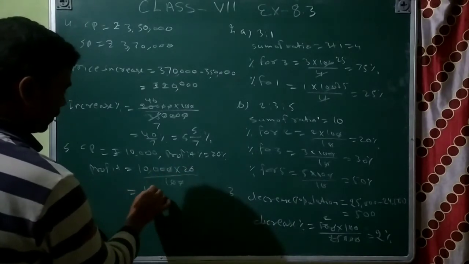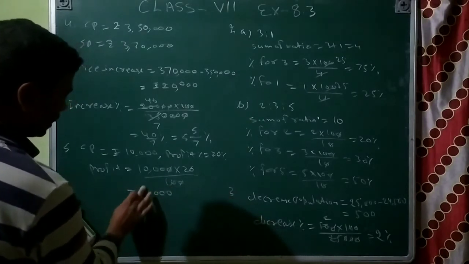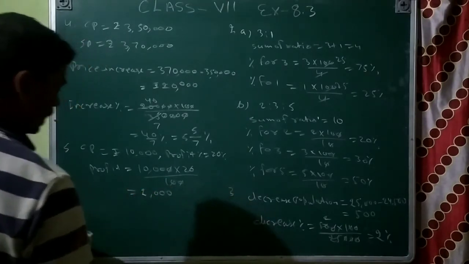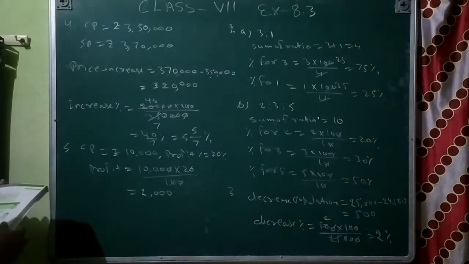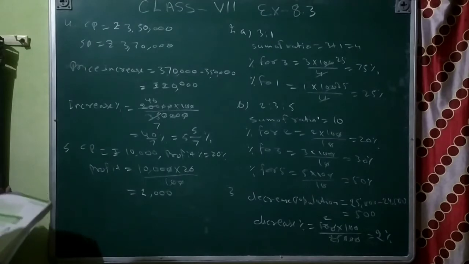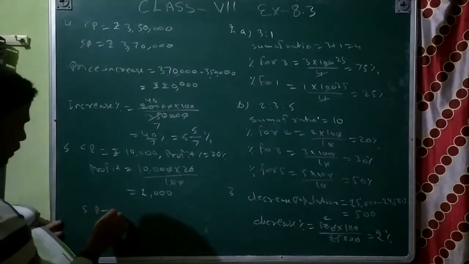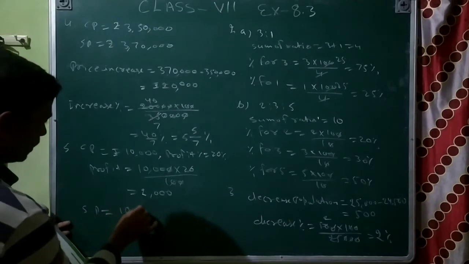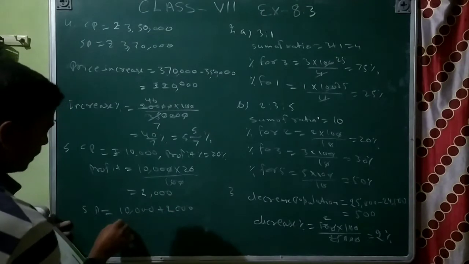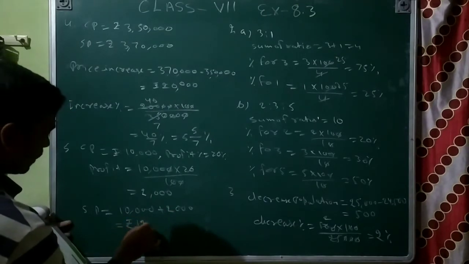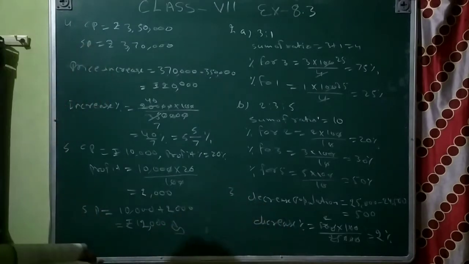It means 2,000 rupees is the profit. So the SP I got for it is equal to 10,000 plus 2,000, that will be rupees 12,000. Answer.